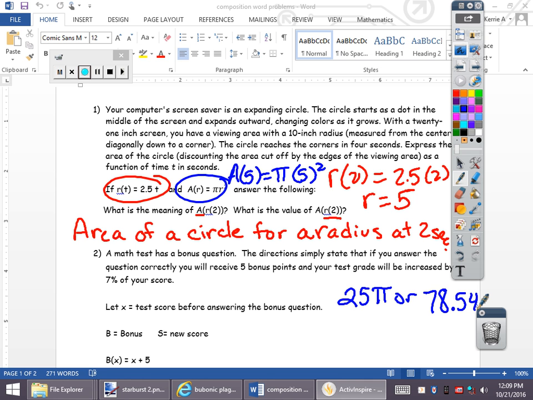Everyone good with problem number 1? Questions? Comments? Concerns? So this is just like f of g of x. We're getting a number, plugging it into the first function, and then taking that answer and plugging it into the second function. Everyone okay with that? So it's all coming full circle.